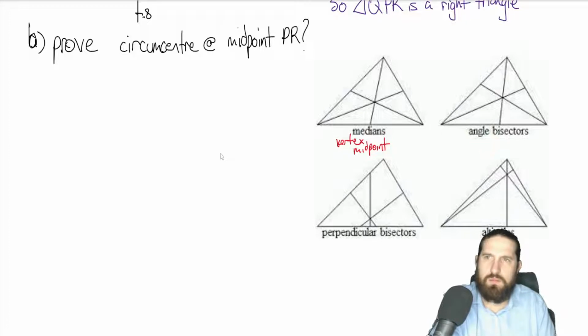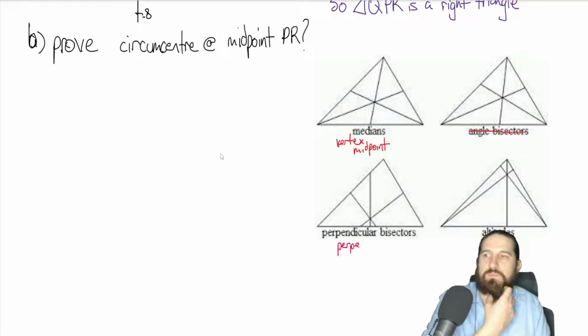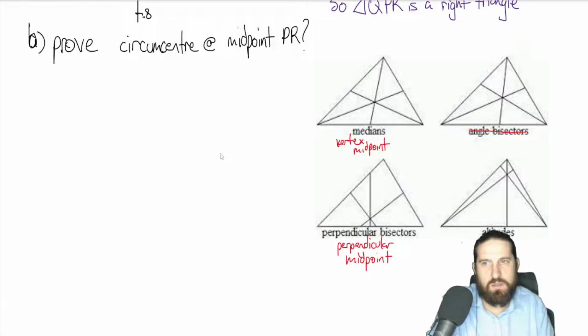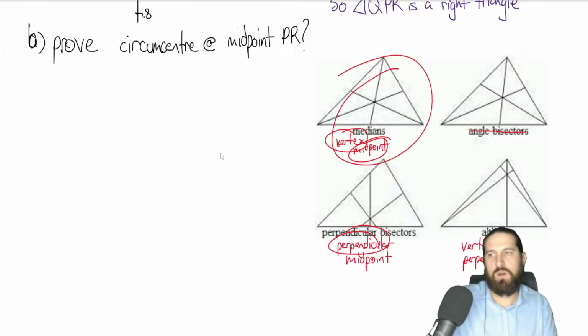Okay, I don't know what those are actually. Perpendicular bisectors we know of. Okay, so perpendicular bisectors are the midpoint. So this is perpendicular. Let's just maybe use that word. And the midpoint. And here, your altitudes are your vertex and your perpendicular. So really, it's just a lottery of vertex, midpoint, perpendicular, and each one of these is 2 of the 3. Okay?